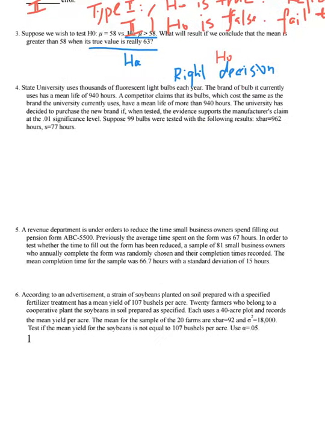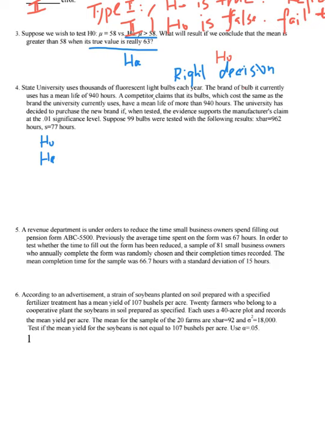And for number 4, we need to go over the whole procedure for hypothesis testing. For the first step, we need to figure out what is our H0, what is our HA. And for our H0, HA, where is our claim? We want to test whether we have enough evidence to support the claim.